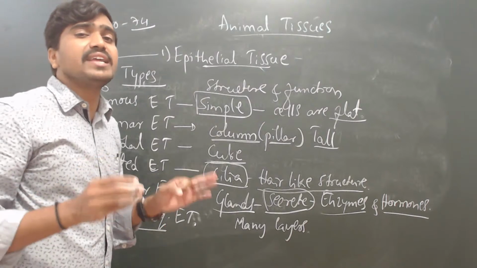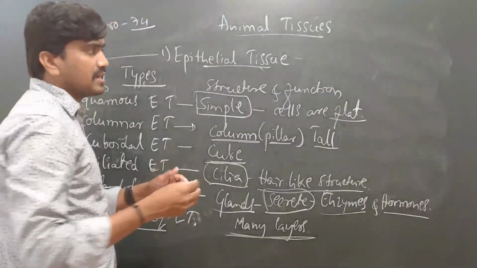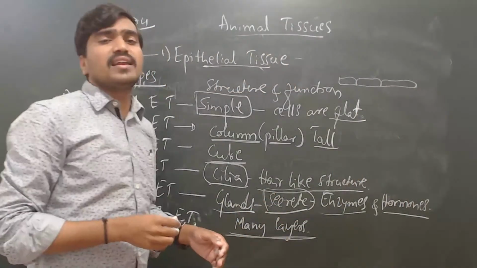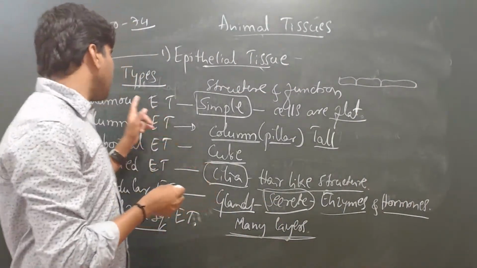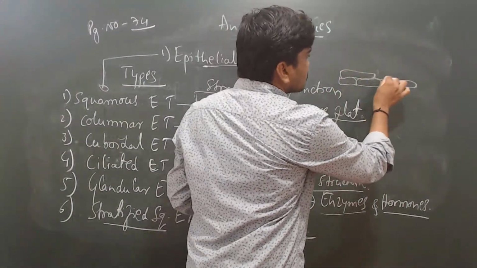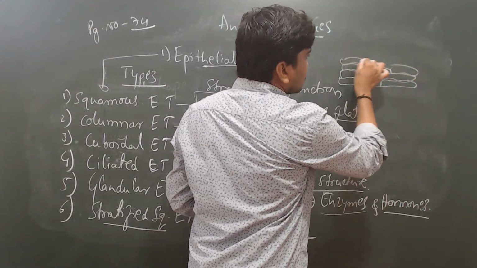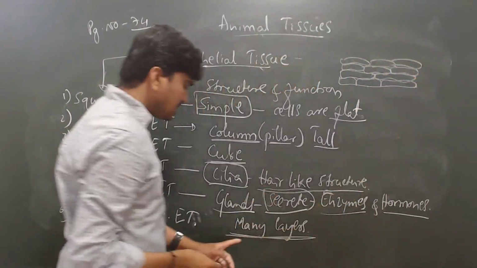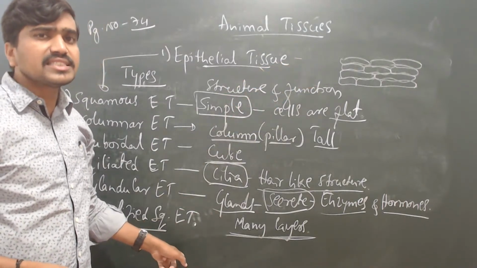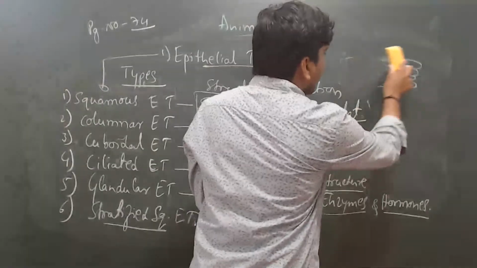Stratified means this tissue contains many layers. Just to think, here it is a single layer. If it is a single layer and flat, it is squamous. If it contains many layers, then it is called stratified.